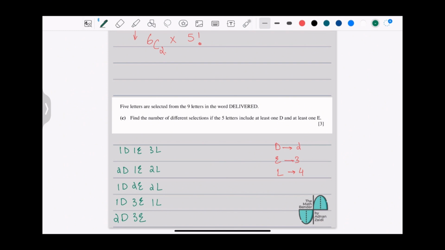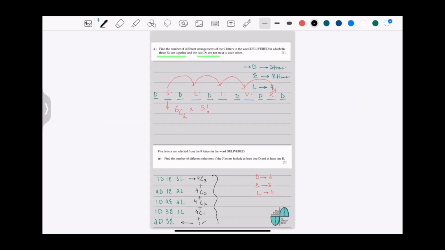So for 1 D and 1 E selected, with the rest of the 4 letters, we will write 4C3 plus 4C2 plus 4C2 plus 4C1 plus 1. Remember that this is 2 D's and 3 E's, all of them are there, so this is only one combination. If you add all of these, it'll give you the answer.